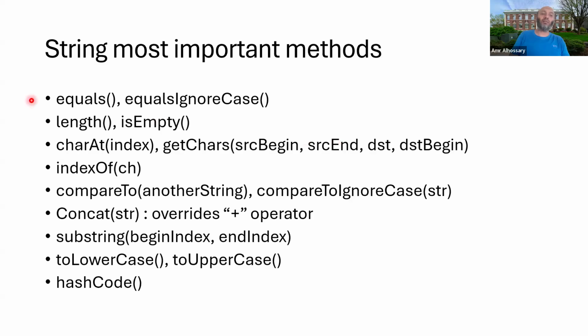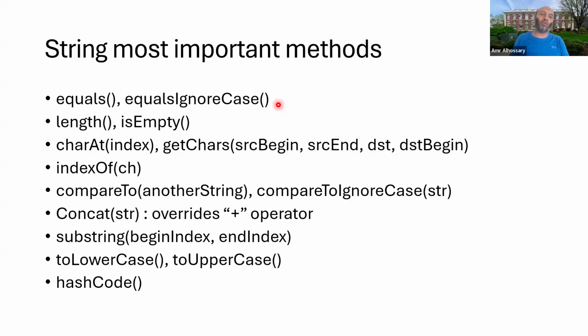We talked about equals. What does it do? It compares the contents of the strings. Yes, the contents. There is another one called equalsIgnoreCase. What do you expect it does? With the case, we refer to uppercase and lowercase, capital and small.